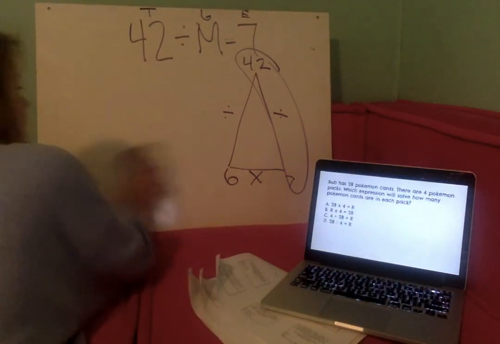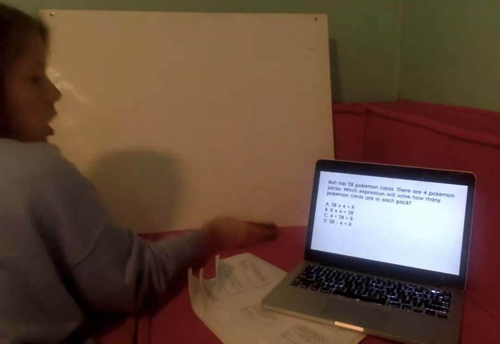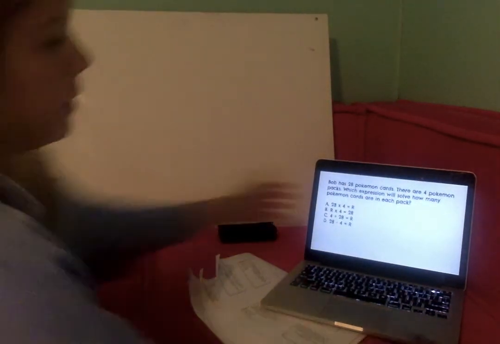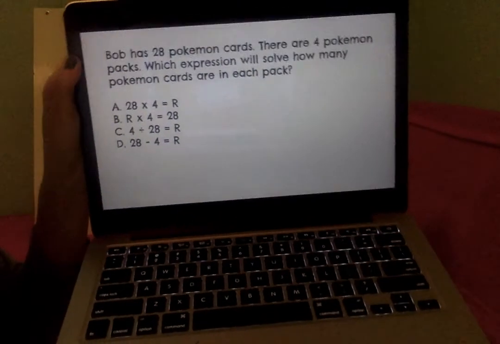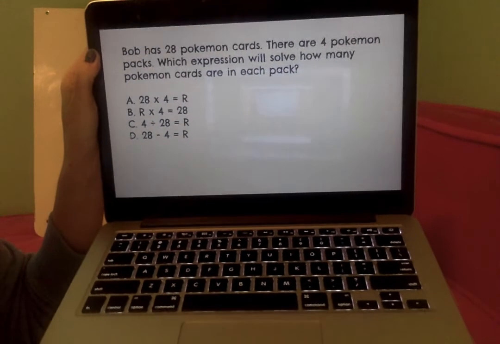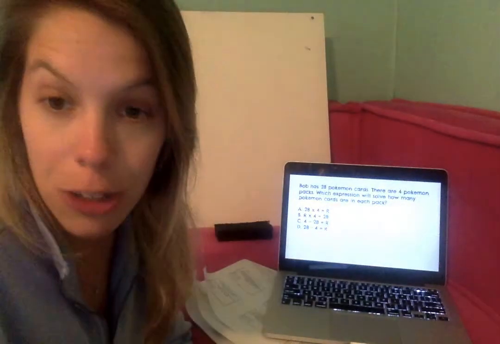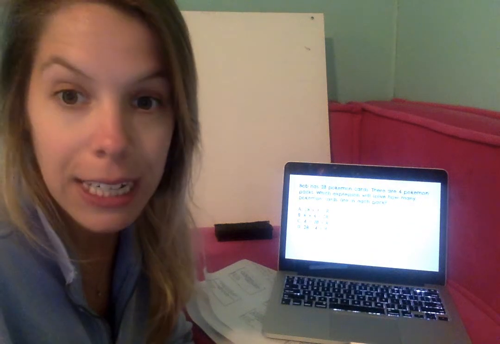Alright, last review problem with me, and then you will be doing this on your own. Bob had 28 Pokemon cards. There are 4 Pokemon packs. Which expression will solve how many Pokemon cards are in each pack? We are given the total. That means we're dividing.